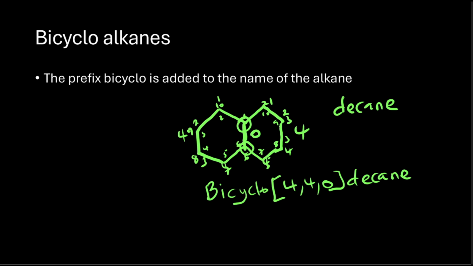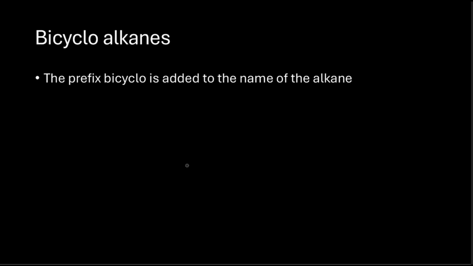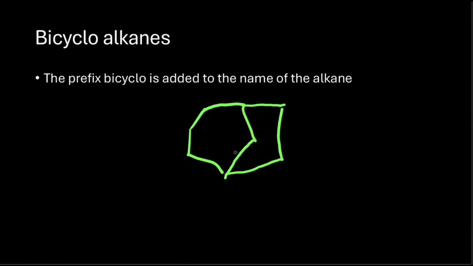So let's continue and then take another example. In this case, a bicycloalkane in this way. So we start the numbering from the bridge. So we put number 1 here.